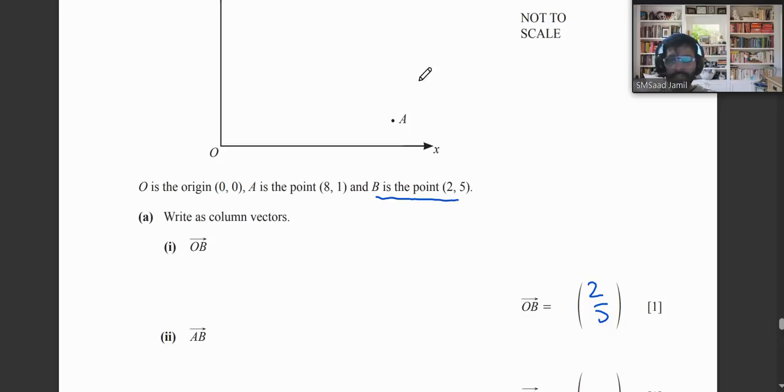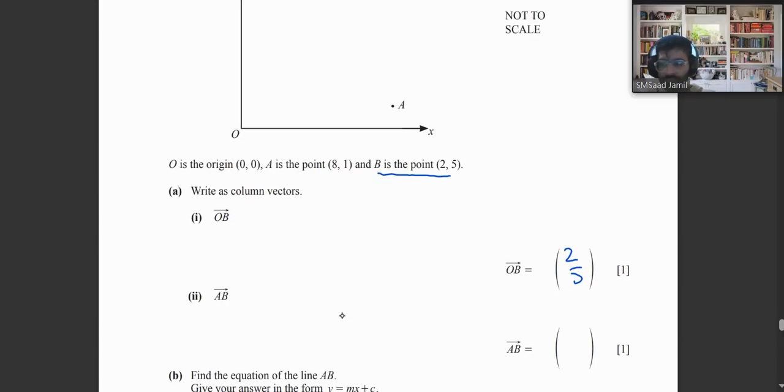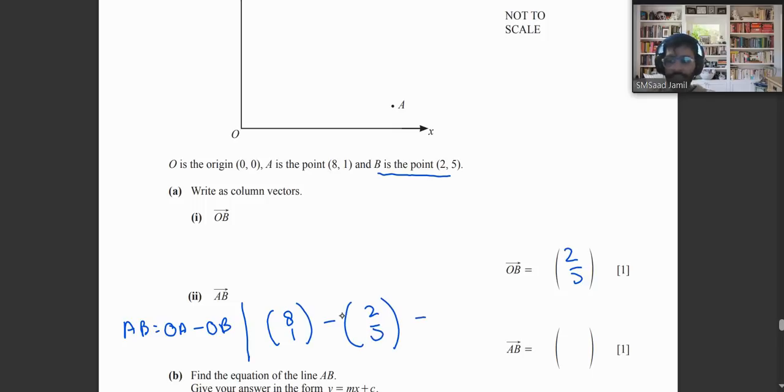Then it says AB. AB is equal to OA minus OB. OA is (8, 1) minus OB, (2, 5). So 8 minus 2 is 6, 1 minus 5 is 4.